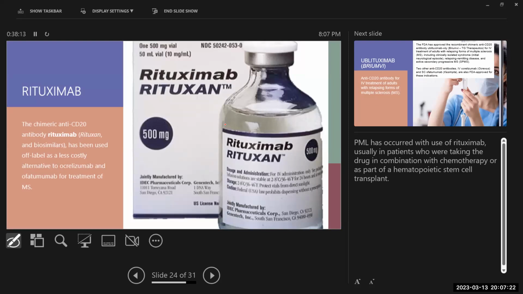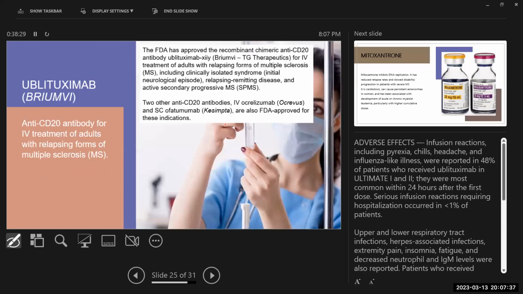PML has been observed in people on rituximab, but that's usually in people on rituximab and something else, because rituximab is also used to treat leukemias. This drug was just approved end of last year. Obinutuzumab, and this has been approved for the relapsing forms of MS.